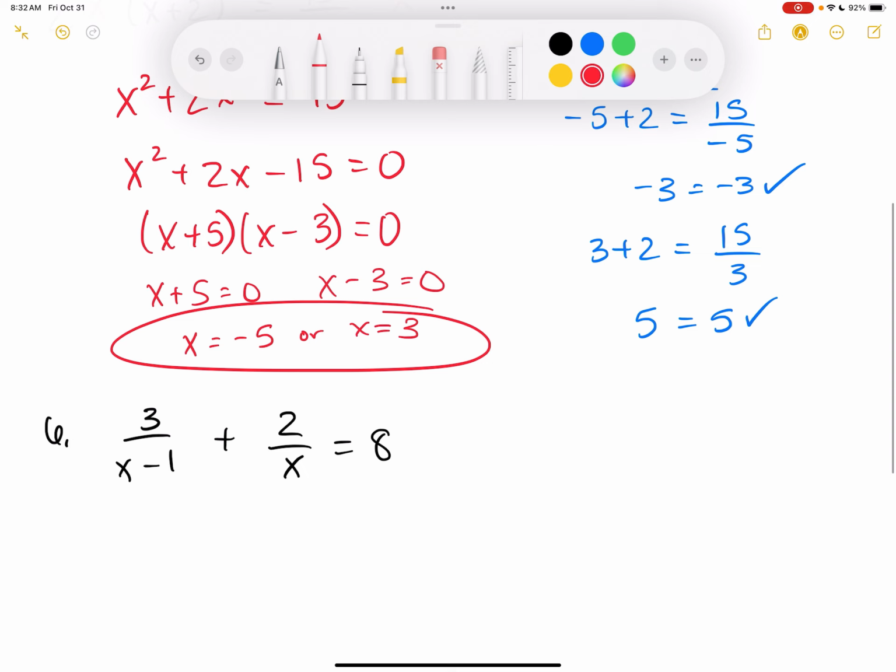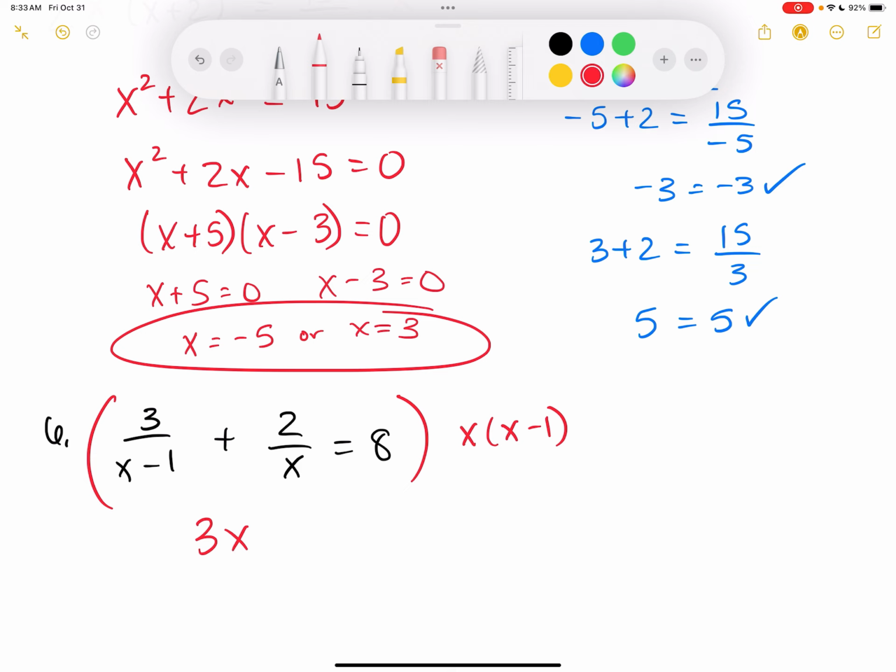So I'm going to multiply this by x times x minus 1. When I multiply this first piece by this, the x minus 1s cancel, and I would be left with 3 times x.